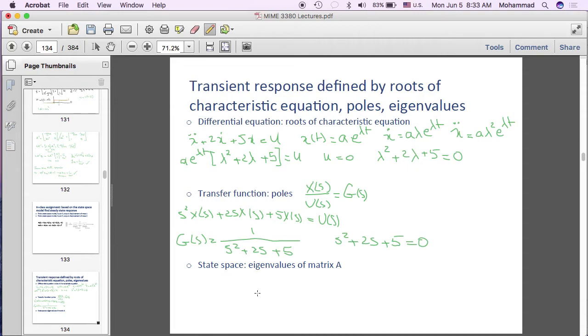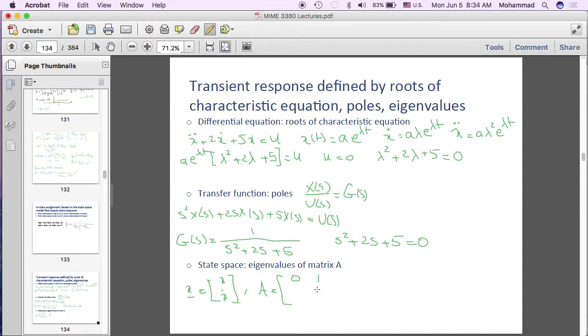So if the state vector X, as we have done it, is made of x and x dot, the A matrix would look like this. As always, the first row would be 0, 1.